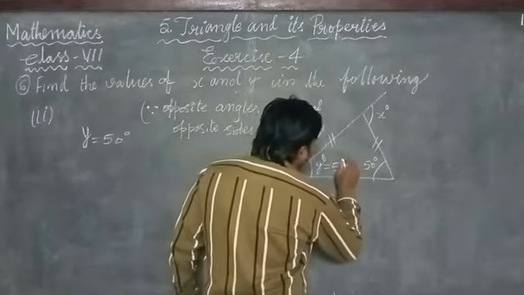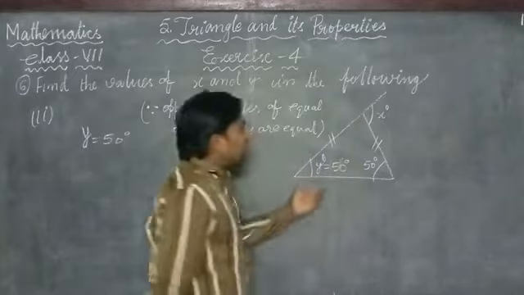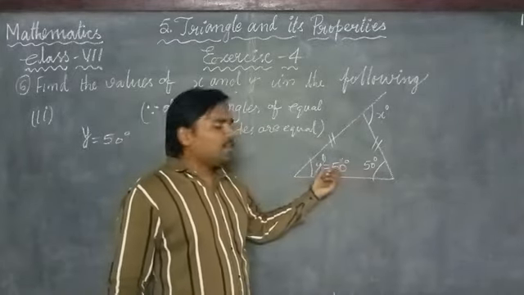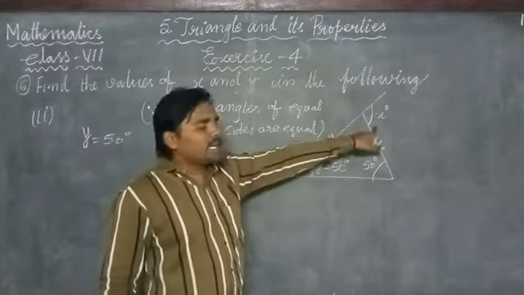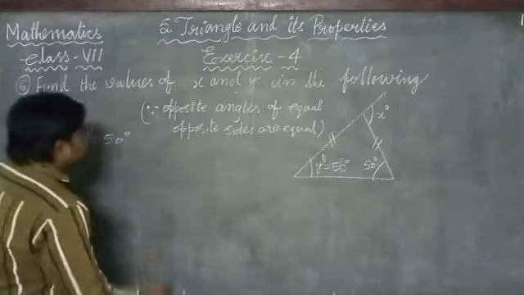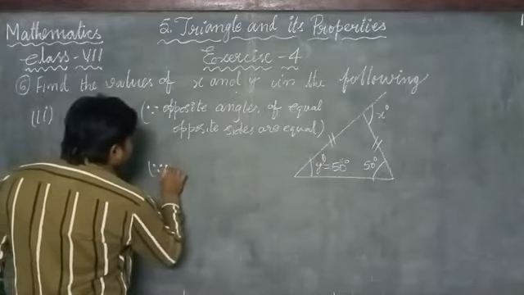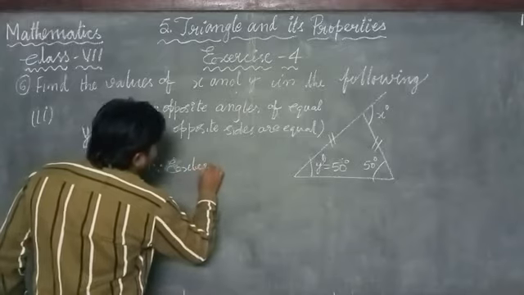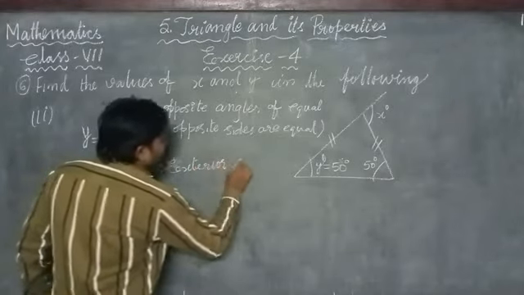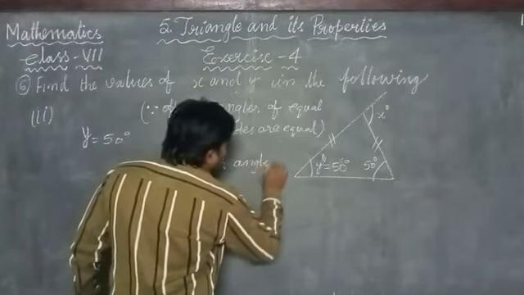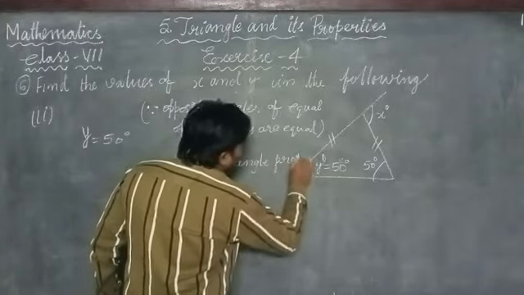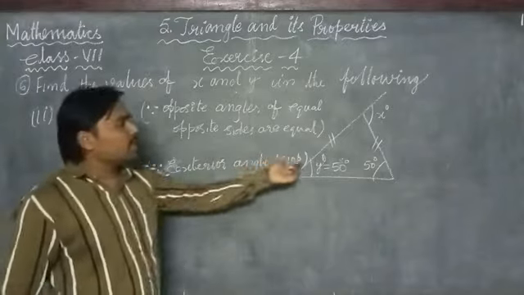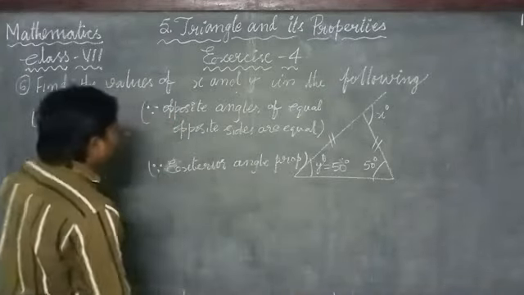Here the interior opposite angles are y degrees and 50 degrees. Okay, y equals 50 degrees. From that we can write, from the exterior angle property, the sum of opposite interior angles is equal to the exterior angle of the triangle.